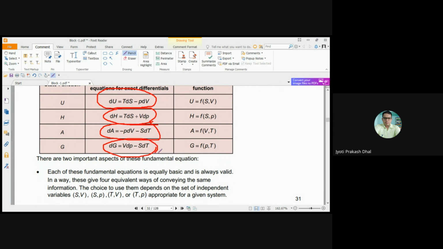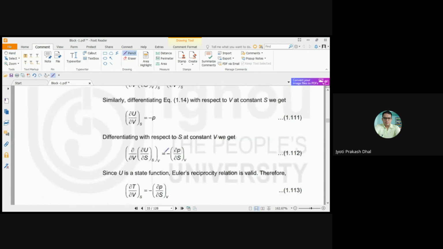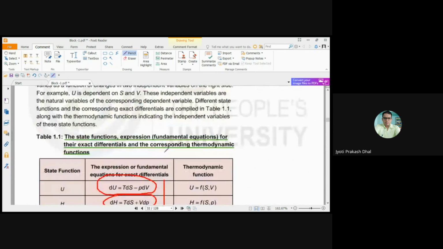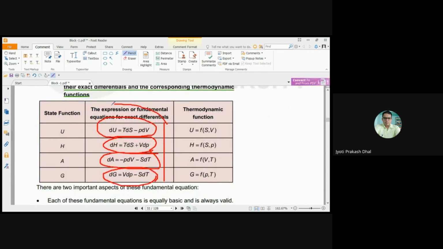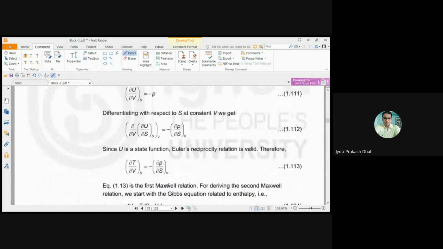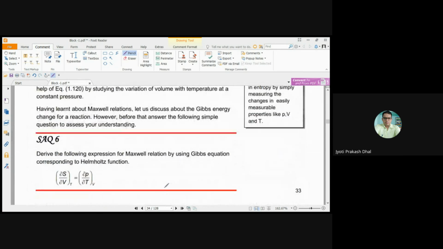And all the 16 Maxwell's relationships will come from these four equations. So if you remember these four equations, the Maxwell's relationships will be very easy for you. That part we will discuss tomorrow.